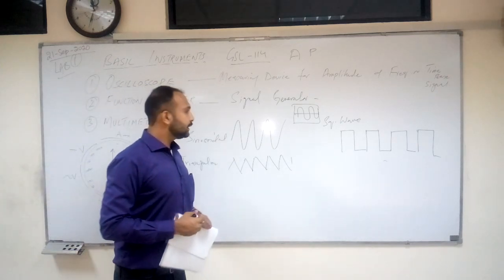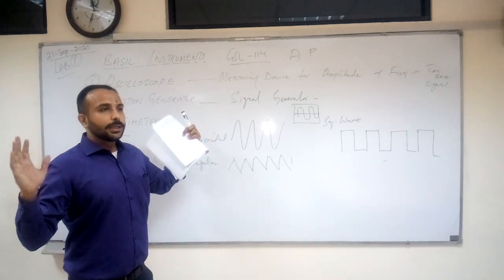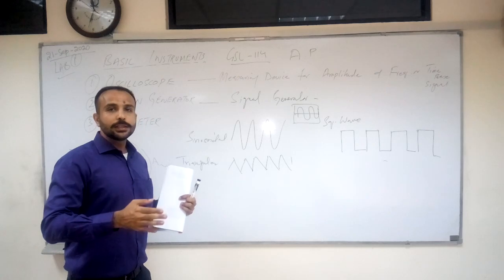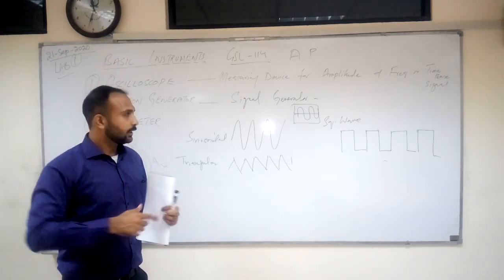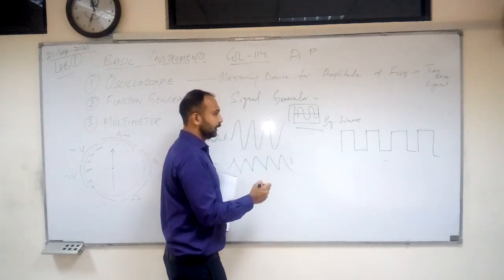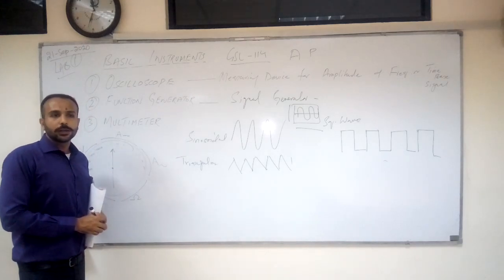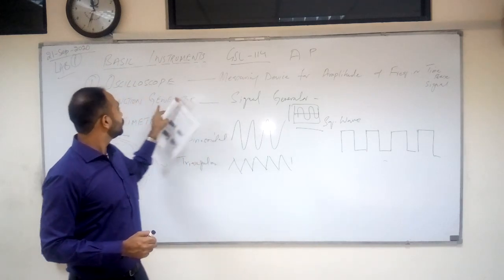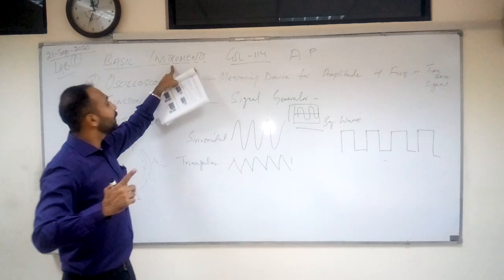Time per division is used to measure the signal in the horizontal direction, and volts per division is used to measure the signal in the vertical direction. This is the vertical direction, this is the horizontal direction. When I show you the signal on the oscilloscope, you will learn how to calculate the signal through the oscilloscope. This is the main function of the oscilloscope.